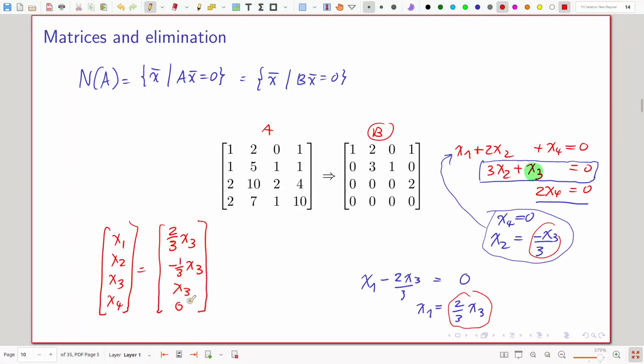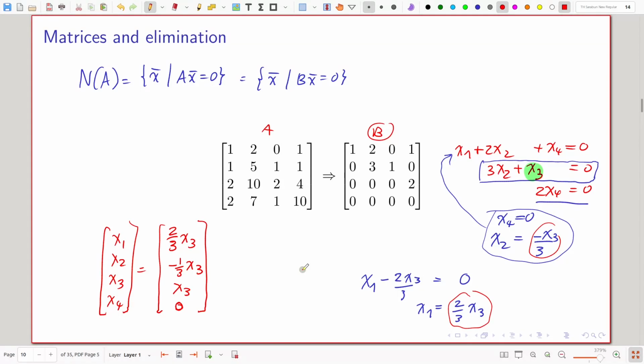You cannot do anything with x4. x4 is 0. So it's a vector in 4-dimensional space. But the last entry is 0, so you can think of it as 3-dimensional space with some unknown space.